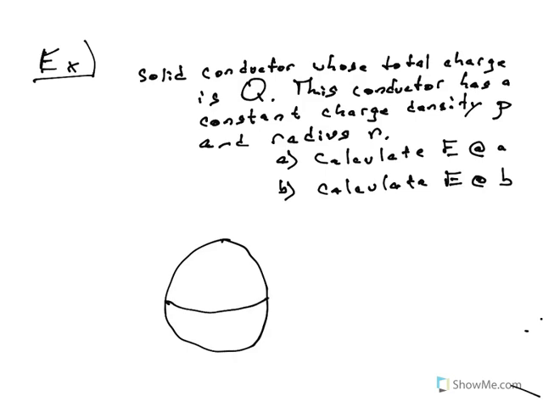I'm going to say point A is over here, and here's our coordinate system, point B is in here. So it's not in the very center, but somewhere inside of this solid sphere of charge. And I want to know what's the electric field at these two locations. Okay?